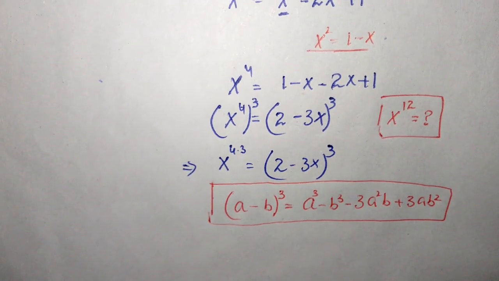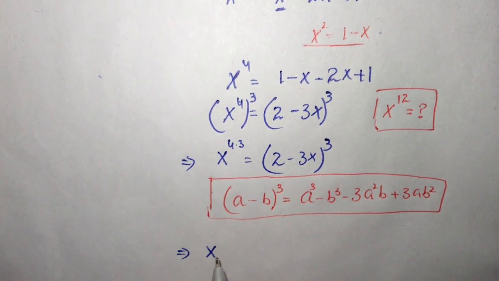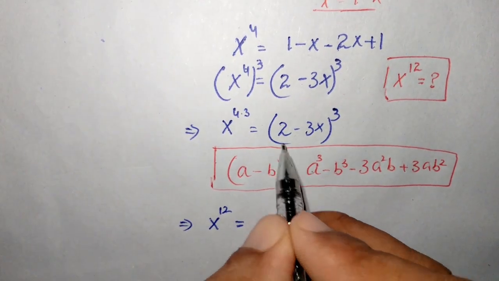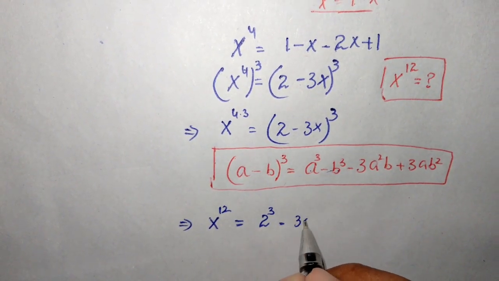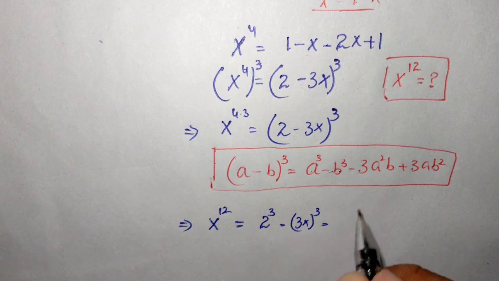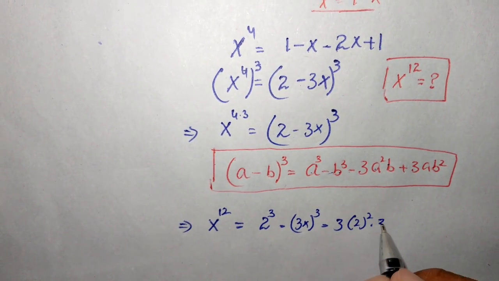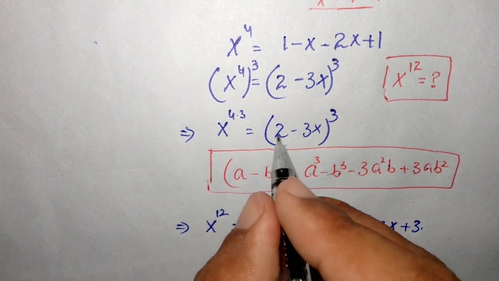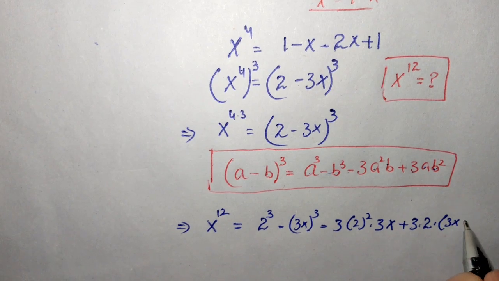So x to the power of 4 times 3, which is 12, is equal to, applying this formula, a cube means 2 cube minus b to the power of 3 means 3x to the power of 3, minus 3 a square, a is equal to 2, so 2 square times b is equal to 3x, plus 3 times a is equal to 2 times b is equal to 3, so this is b square, this becomes 3x square.